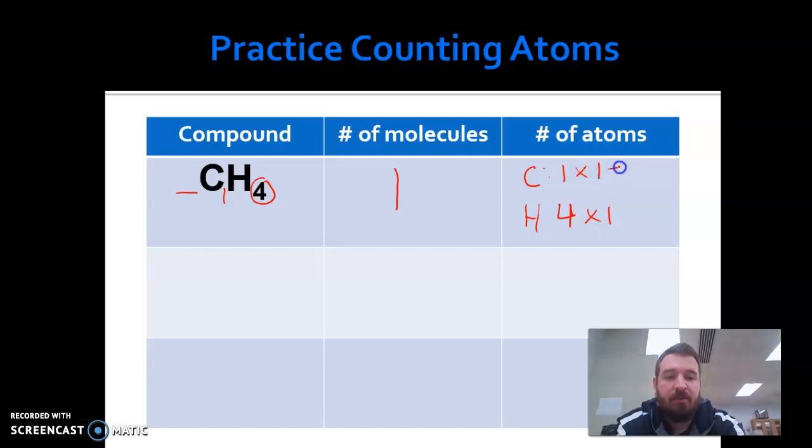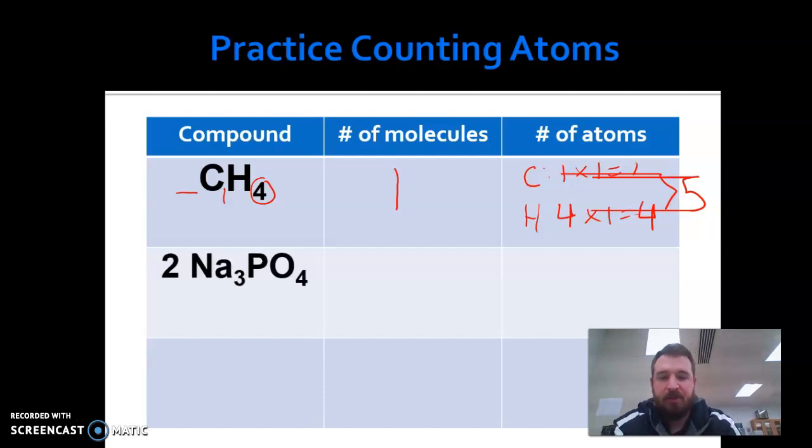So we'll end up with 1 carbon and 4 hydrogens for a total of 5 atoms. I'm sorry, I'm still getting used to this pointer for writing, so hopefully that did not throw you off. We're going to try it a little bit better on the next example here.